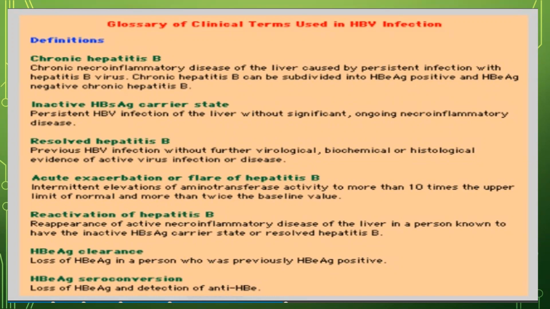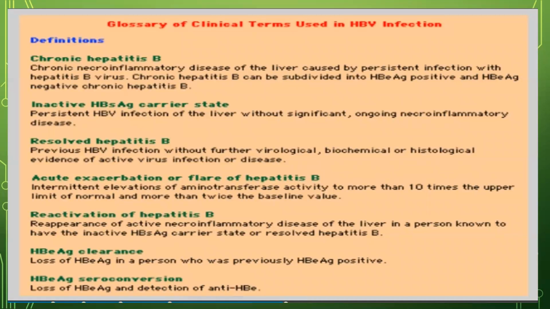Inactive HBs or surface antigen carrier state is infection without significant ongoing necroinflammation, without further virological, biochemical, or histological evidence of active virus infection or disease, which is really rare.